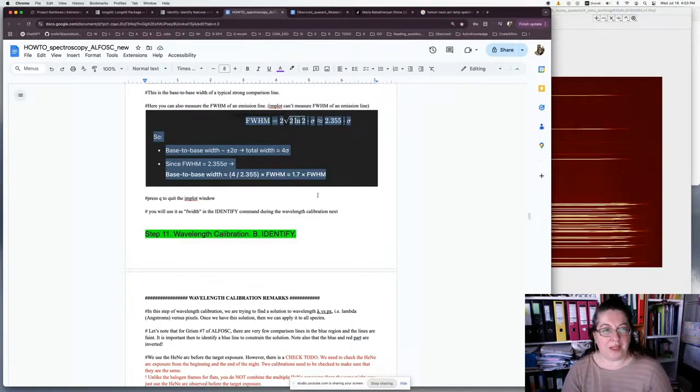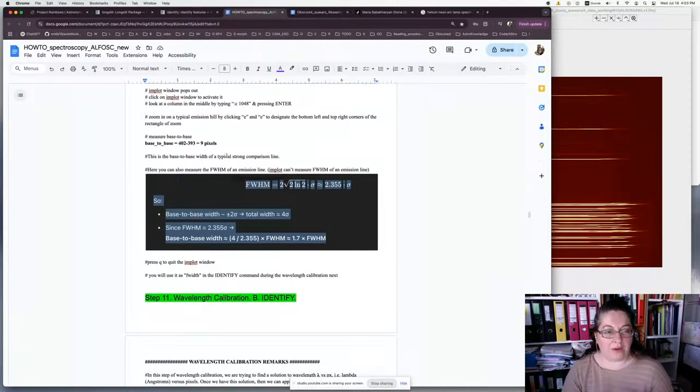Even if you don't have a wavelength calibrated frame, you can measure the base to base width of an emission line, which in this case was 9 pixels. And from this, you can calculate the full width half maximum approximately, assuming it's a Gaussian.